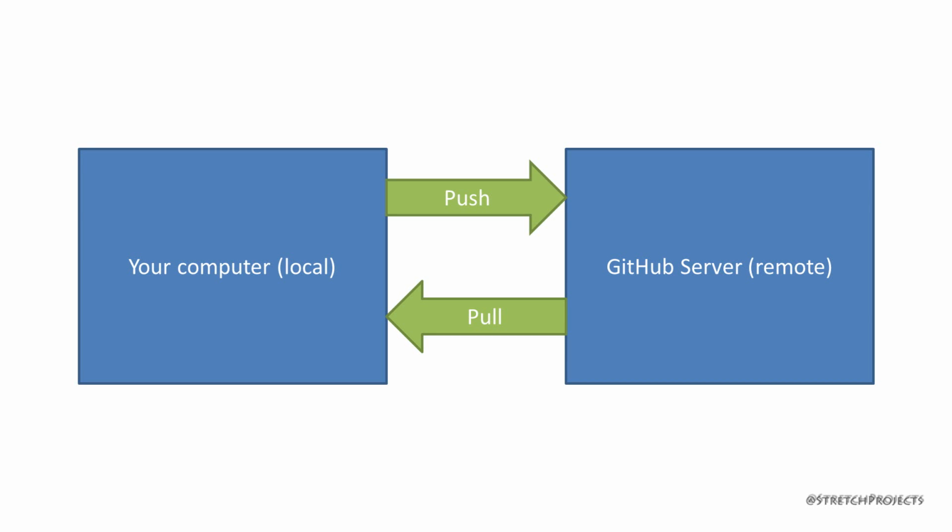You should try to think about these terms in the sense of you are pushing from wherever you are to somewhere else, and you're pulling from somewhere else to where you are. And this is because it is possible to pull from remote, which is used mainly if you're doing maintenance on the remote server.